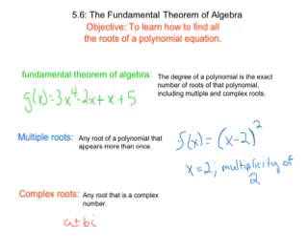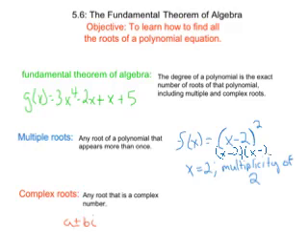Okay? So then the next term is multiple roots. Well, a multiple root is any root of a polynomial that appears more than once. So for example, we have out here to the side f of x equals x minus 2 quantity squared. So that means if we were trying to find the roots of this polynomial here, we would have x minus 2 showing up twice.